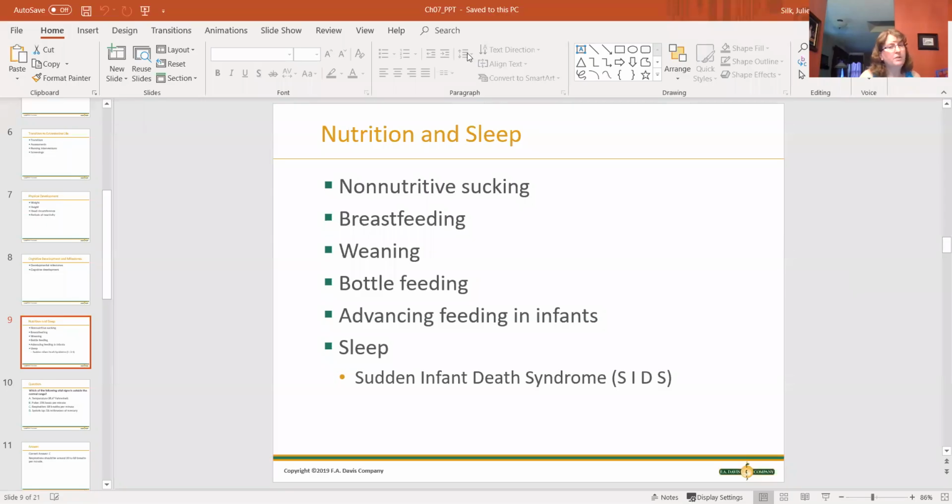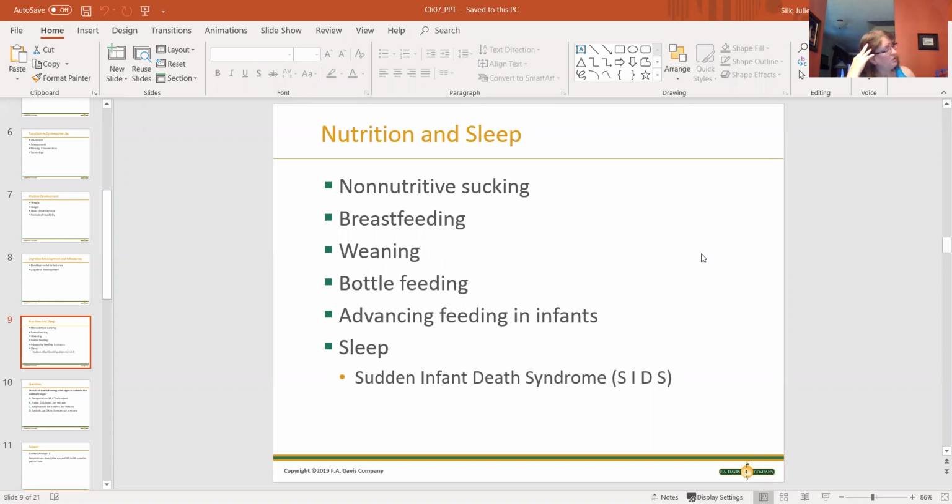Okay guys, so with advancing feedings in infants, typically when a baby is about 4 months old or so, they will say that you can start adding in cereal, like rice cereal, and then you start slowly adding in other things as far as solid foods.